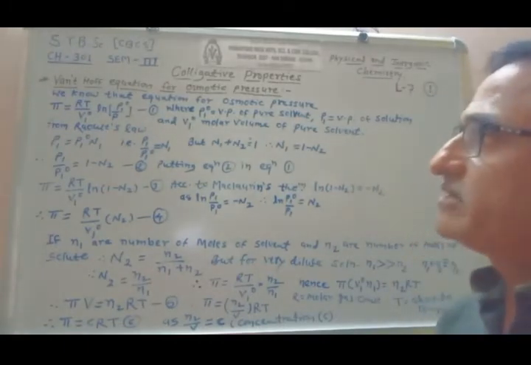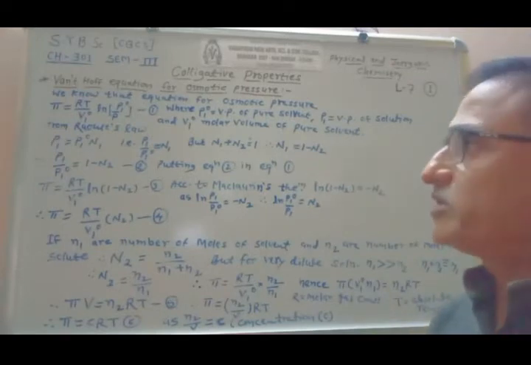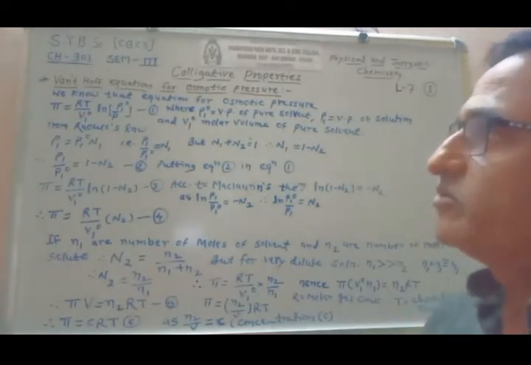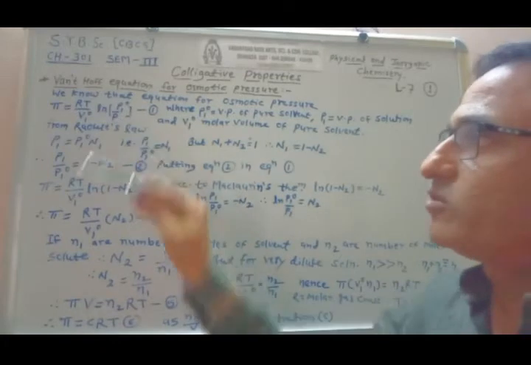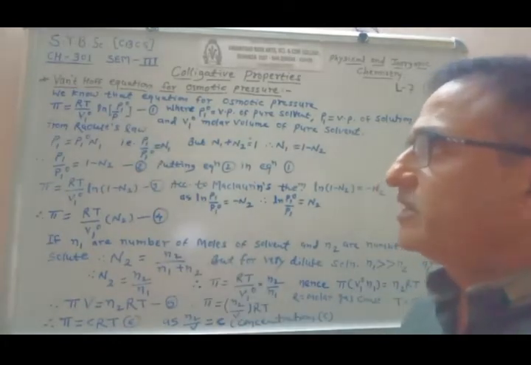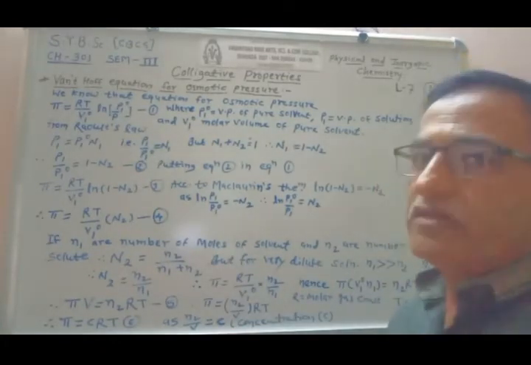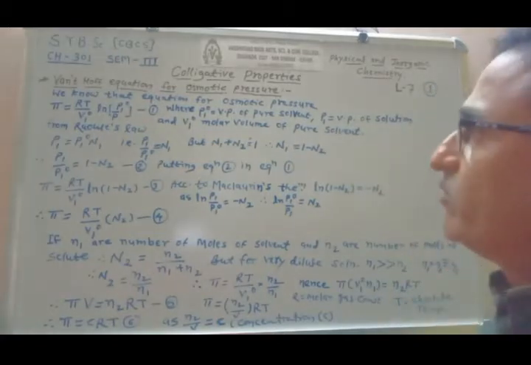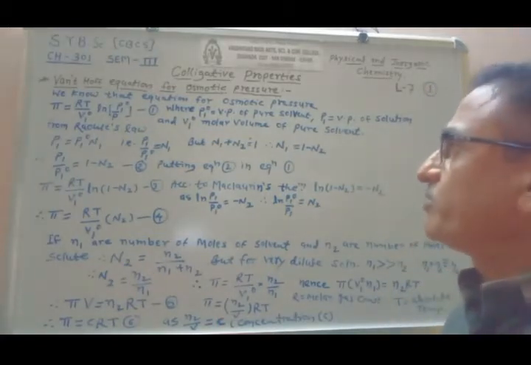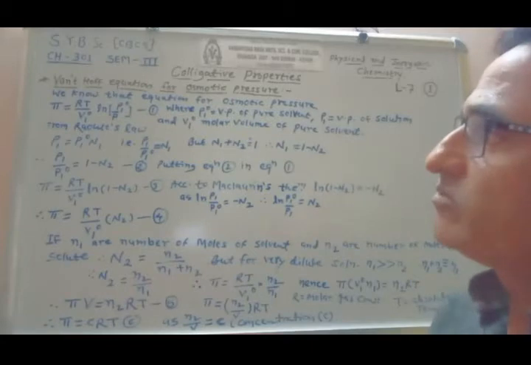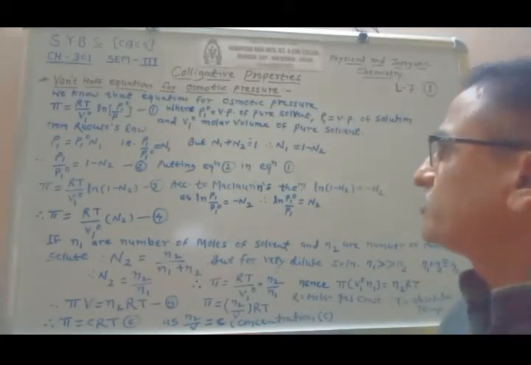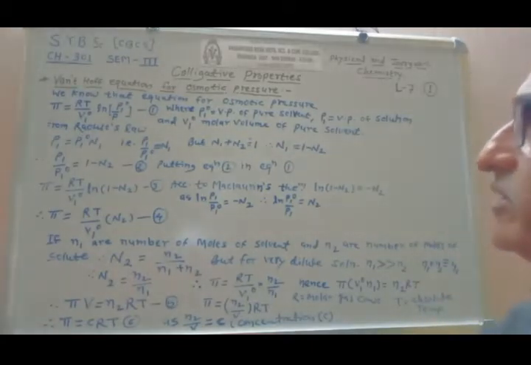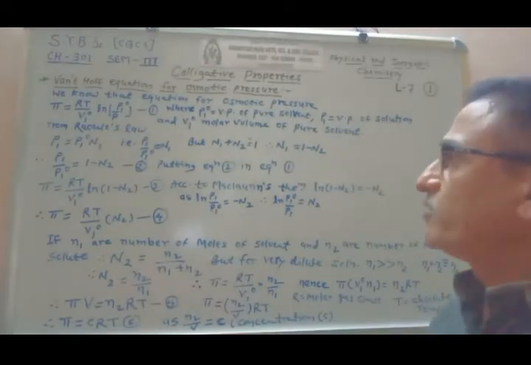So we know the equation for osmotic pressure, which we have already derived: π is equal to RT upon V10 ln of P10 upon P1, call it equation number 1, where P10 is the vapor pressure of pure solvent, P1 is the vapor pressure of solution, and V10 is the molar volume of pure solvent.